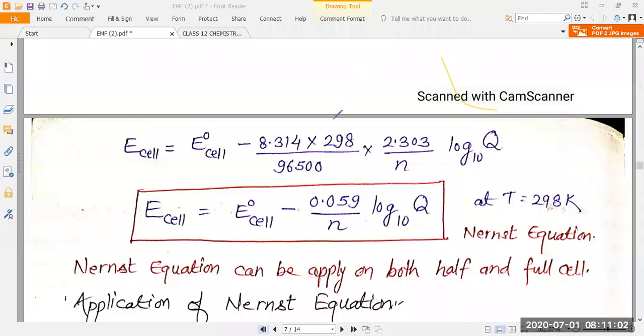Okay, so we are going to start the Nernst equation.